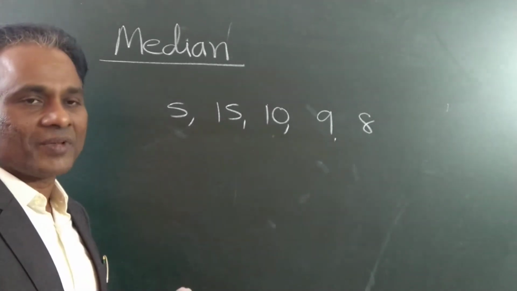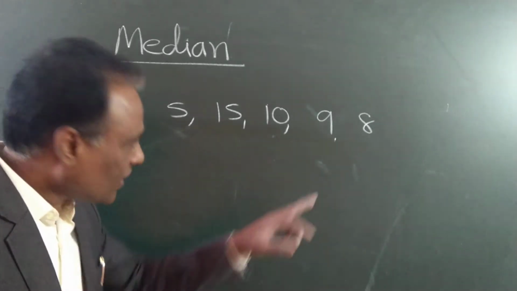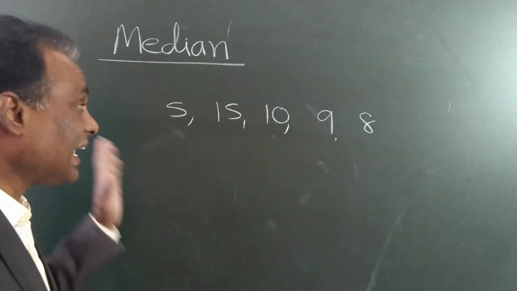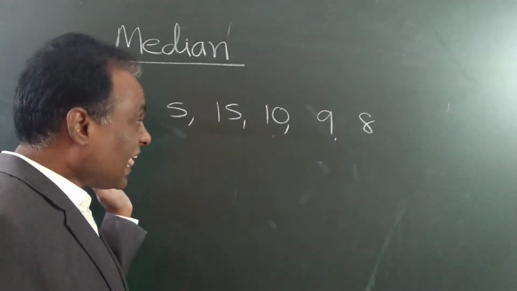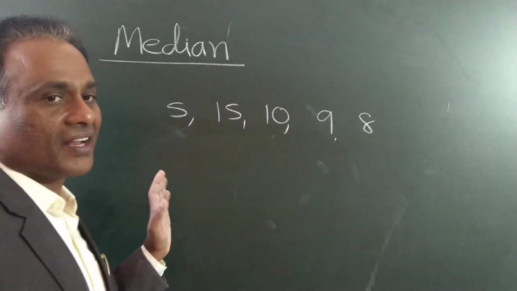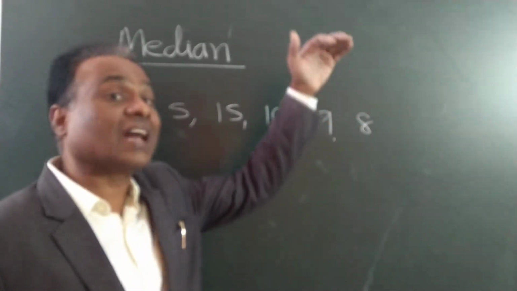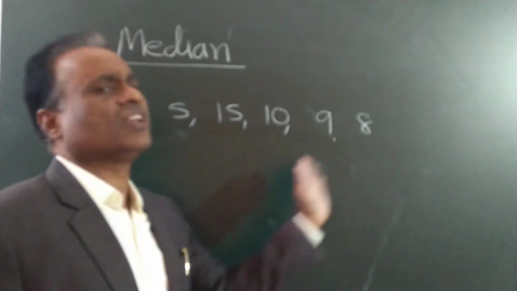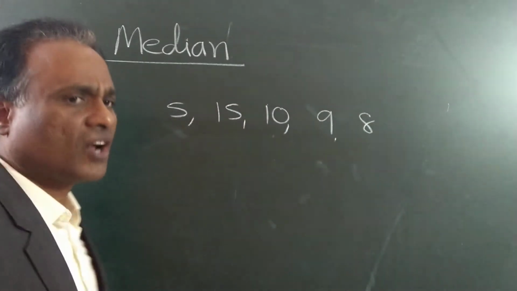The median of these numbers is very simple. First, arrange the numbers in ascending order or descending order, smallest to greatest or greatest to smallest. Any way you can arrange. Generally we arrange smallest to greatest, which is called ascending order.